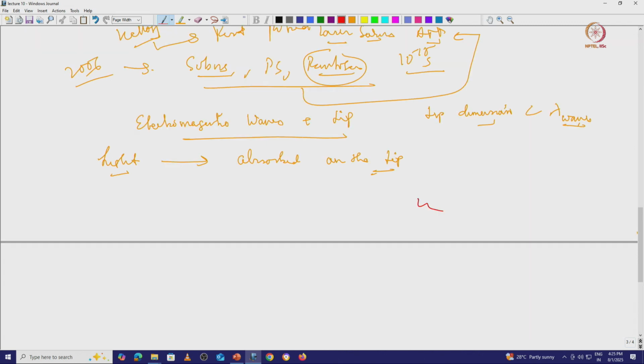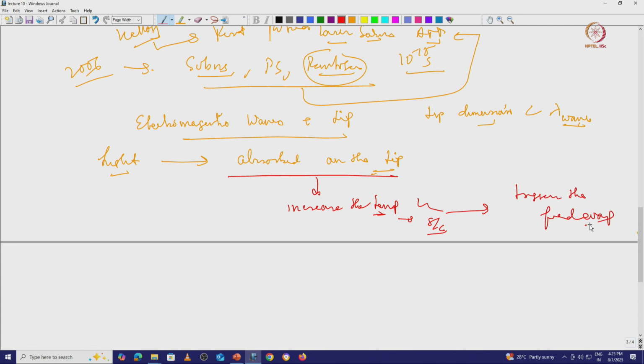This absorption of light will increase the temperature, especially at the tip surface. This increase in temperature triggers the field evaporation. So we need to understand a little more about the laser matter interaction.